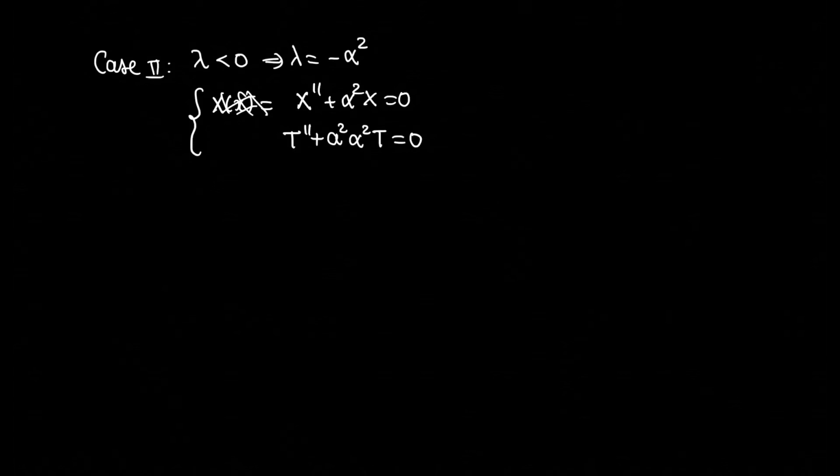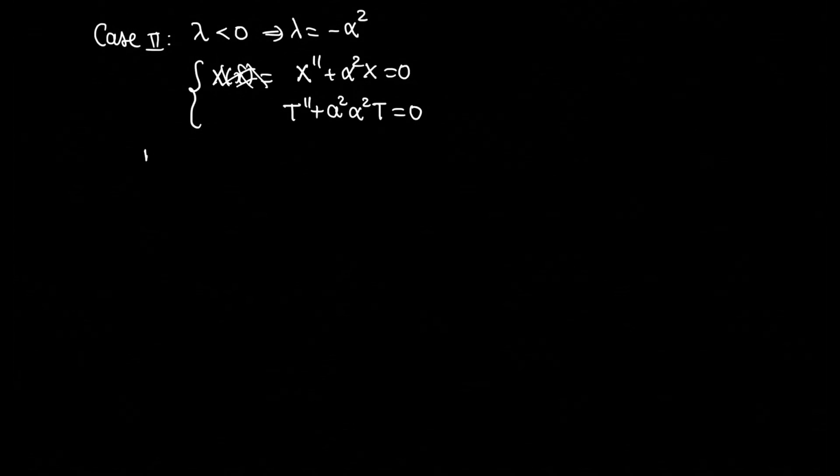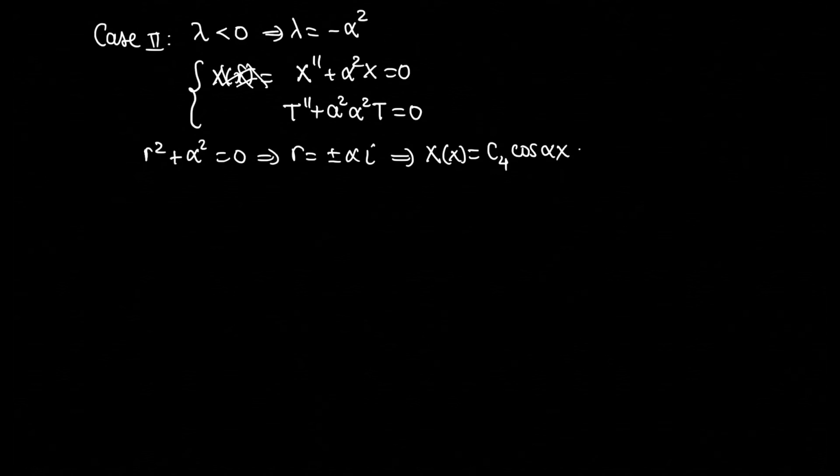I'm going to solve the first equation. The characteristic equation is r squared plus alpha squared equal to 0, so r equals alpha i. Then X leads to C4 cos of alpha x plus C5 sine of alpha x.